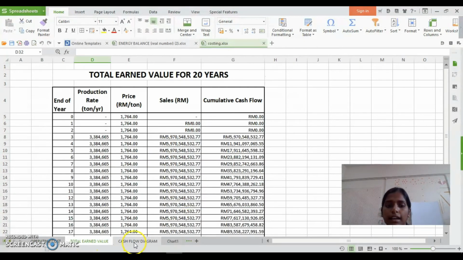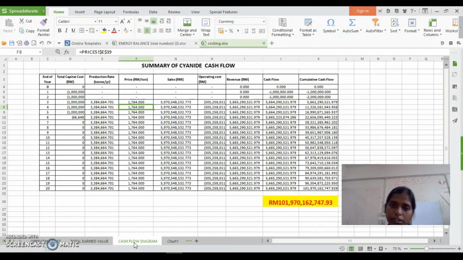And lastly, we had our revenue as well as cash flow and our cumulative cash flow. We only started earning back our profit at the end of year 3, where we started off with 5 million. And finally, after 20 years, we got back a very huge amount of profit, which is around 101 billion. That's all. Thank you.